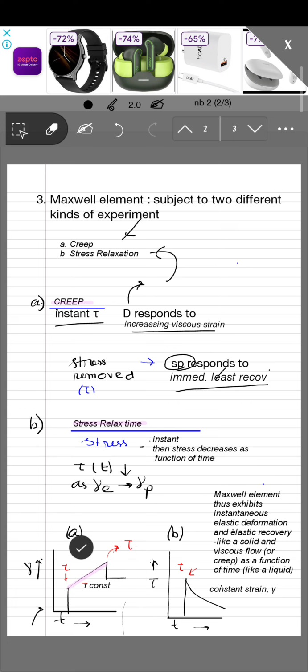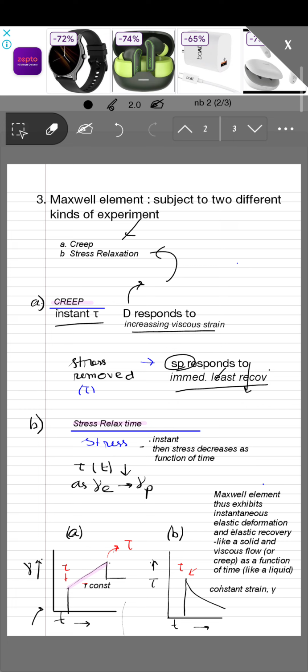Then due to the viscous flow, the strain has increased, and after this point, when the stress is released, the dashpot is no longer in the picture. The entity that is solely responsible for the immediate elastic recovery is the spring. So this is how it goes.